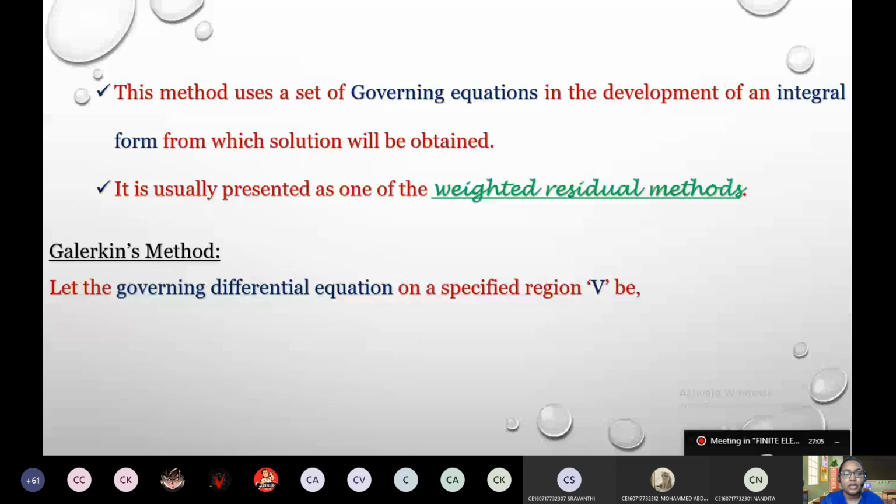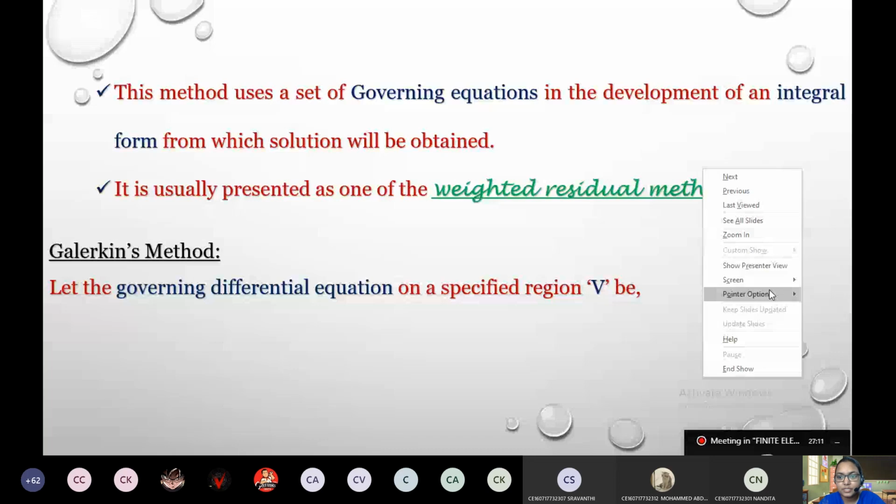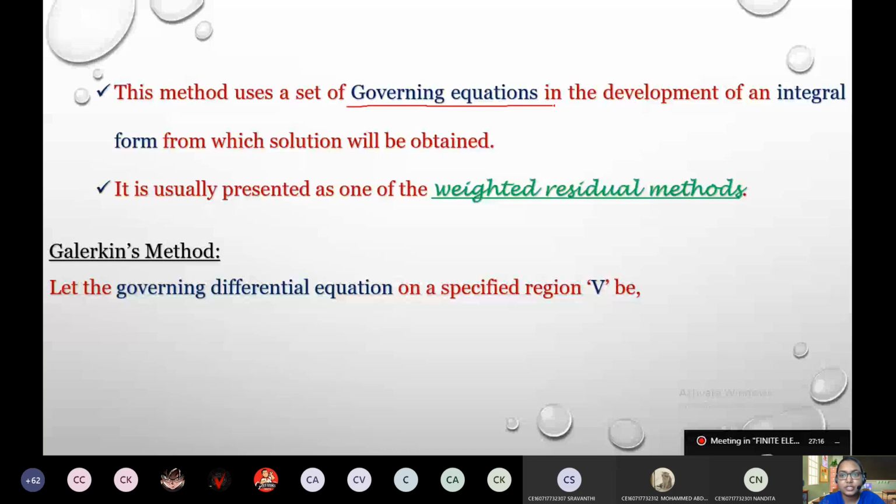See, Galerkin method, I said in the previous class itself, this method uses a set of governing equations to develop an integral form. All right. To make it into integral form, it first takes the finite part.